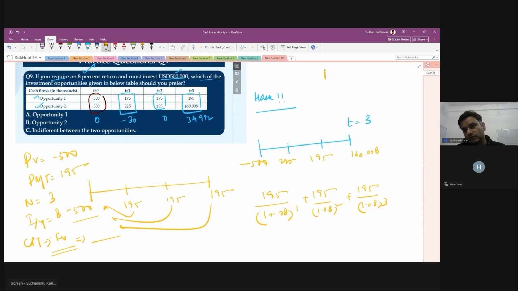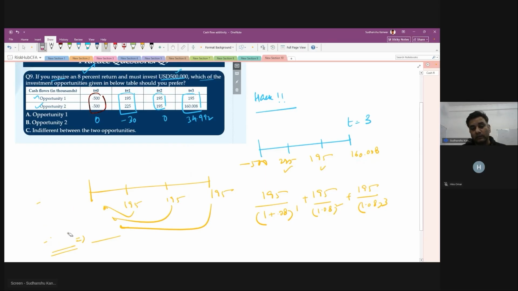So if I put it, PV is equal to minus 500, your cash flows are different now. Here, CF naught, CF1, and CF2. Here we cannot do it like this. You do CF naught, CF1. I think that will be much better because both are similar.